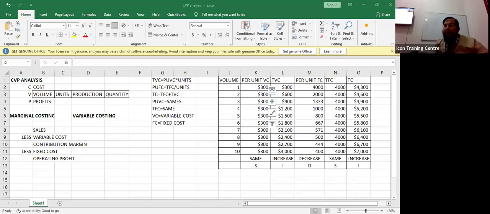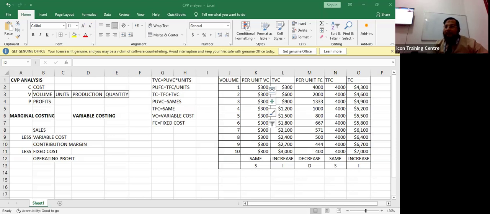Absolutely. Brother, this red line, is this total variable cost or per unit variable cost? Total variable. Brother Emmanuel, I know your heart is beating fast. This graph, which is declining, is it total fixed cost or per unit fixed cost? Per unit fixed cost. And this one? Total cost.